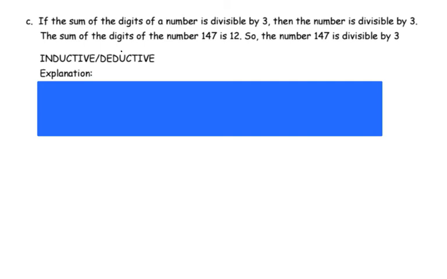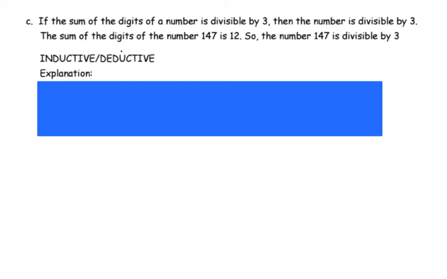All right, next one. If the sum of the digits of a number is divisible by 3, then the number is divisible by 3. The sum of the digits of the number 147 is 12. So basically what they're saying is if you add 1 plus 4 plus 7, you get 12, okay? So the number 147 is also supposed to be divisible by 3 according to this.